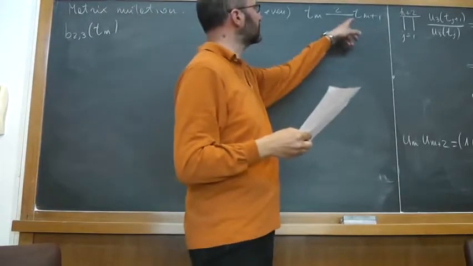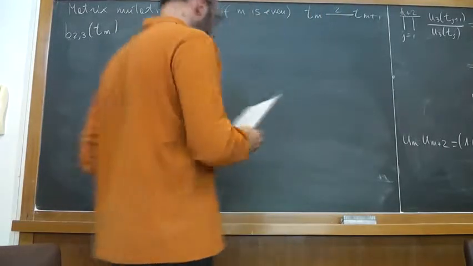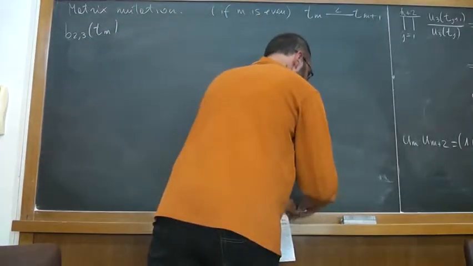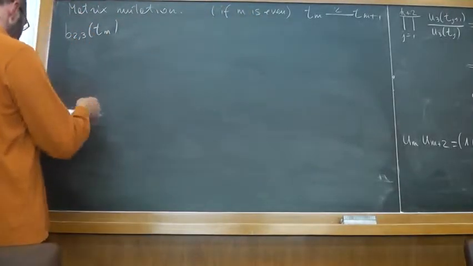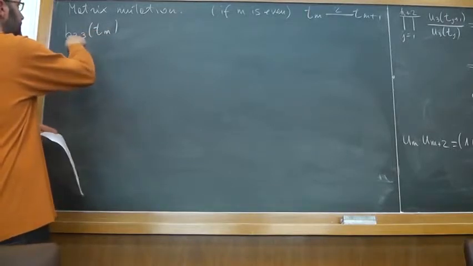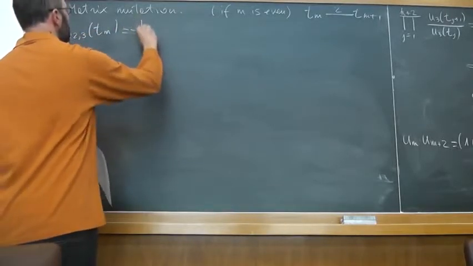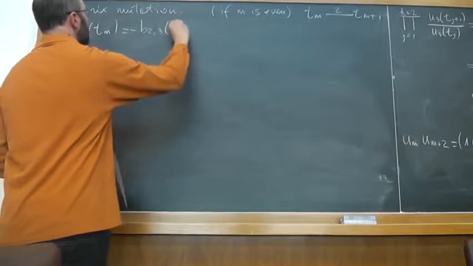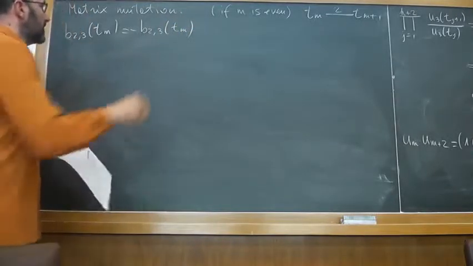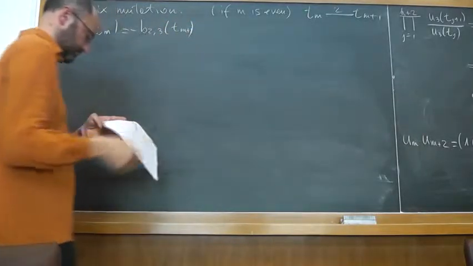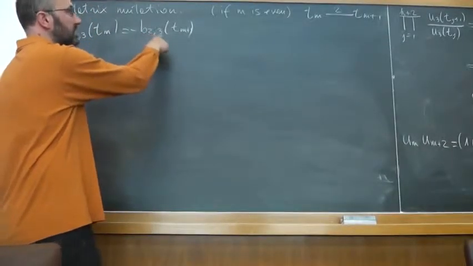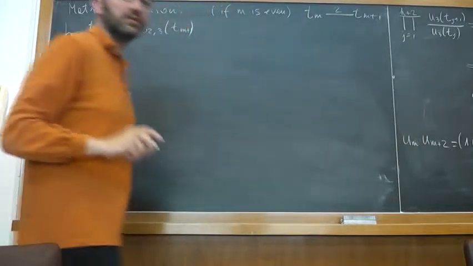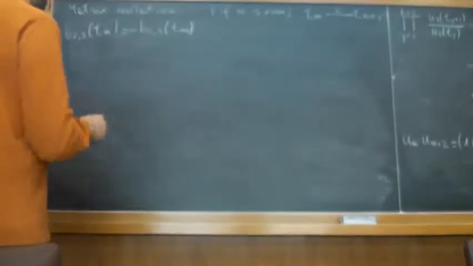When we mutate from Tm to Tm plus 1, we have that B23 of Tm is minus B23 of Tm plus 1. Now, this happens when one of the two indices here is equal to the level of the edge.